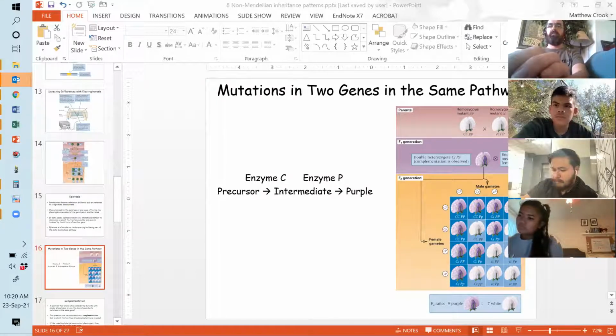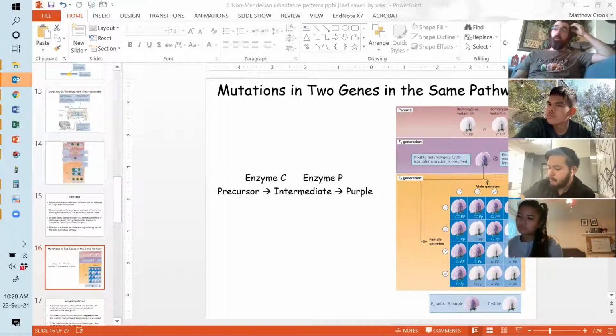And you need both to see, or both functioning, to see whatever that pathway produces, right?